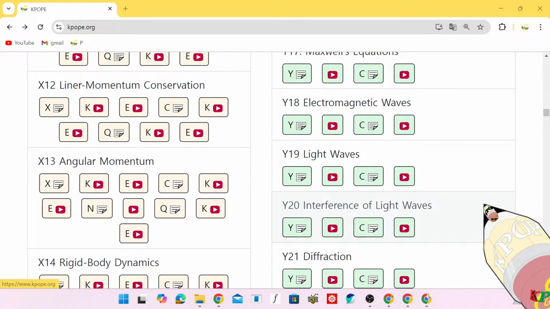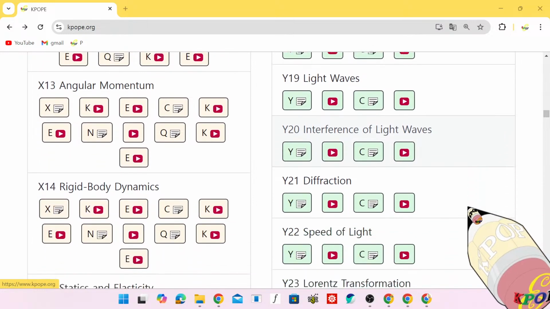In that, we study linear momentum conservation and angular momentum conservation in a rigid body in free space. Free space means no external force or no external torque is applied. In that case, linear momentum and angular momentum conservation are valid.